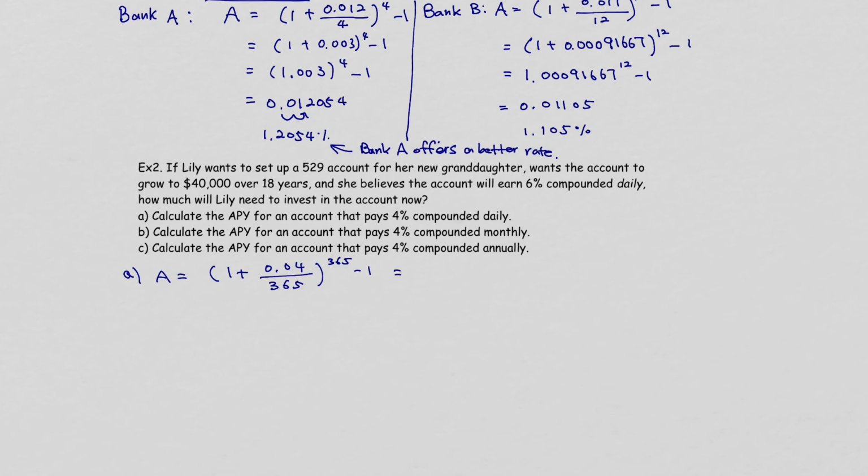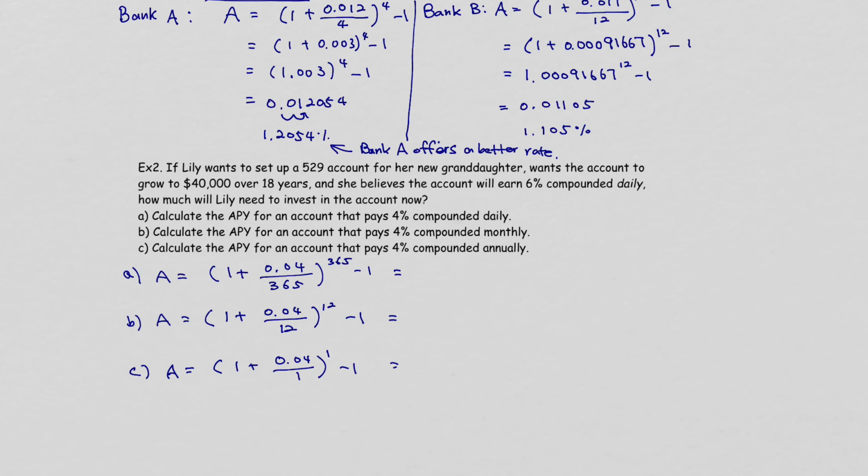That's how you're going to plug in the numbers. For the second one, because it's compounded monthly, everything else is the same because the rate is the same. Compounded monthly will be 12. The third one, compounded annually, will be once a year, right? So your N is going to be 1.